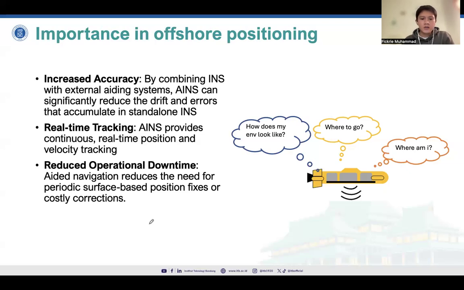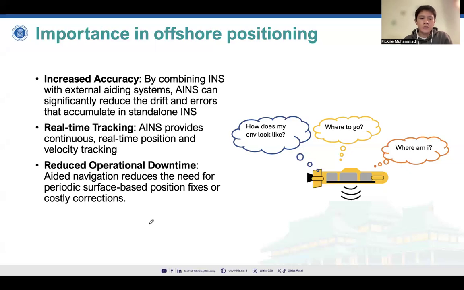For example, if you're talking about the AUV that has to be deployed and record the data and come back again, how if you want to record the data for a longer period of time? We don't have to manually collect the AUV, because the AUV can submerge, descend, and also ascend to the sea surface by itself.